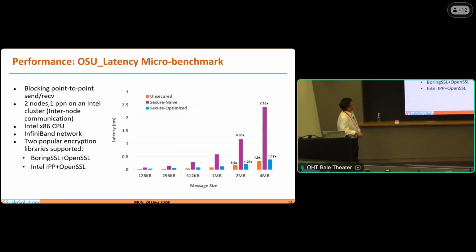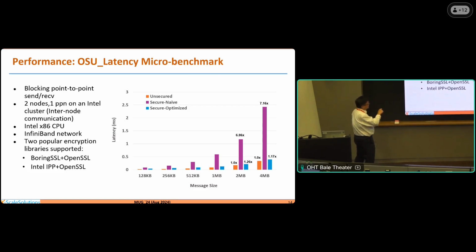This is using blocking point-to-point with the OSU latency micro-benchmark. I'll just emphasize a few things. First, in this figure the orange one shows unencrypted, no secure protection.